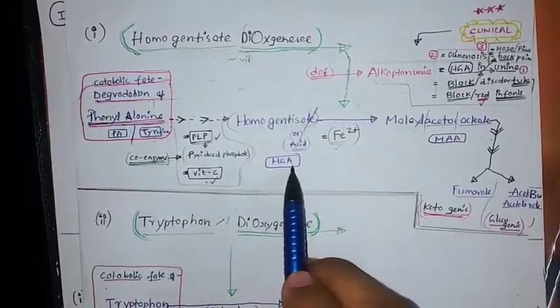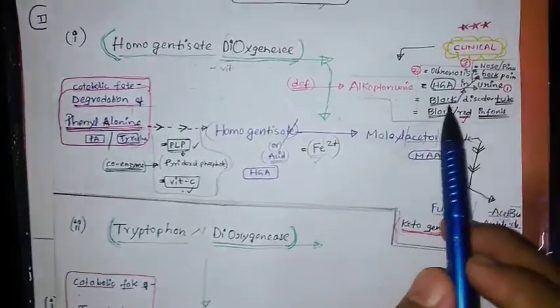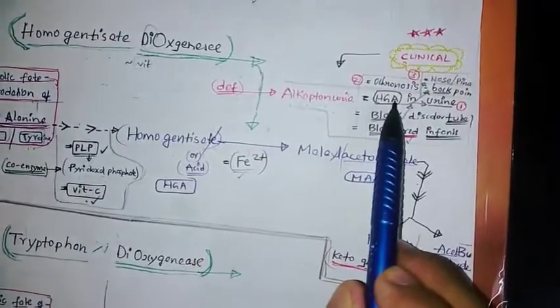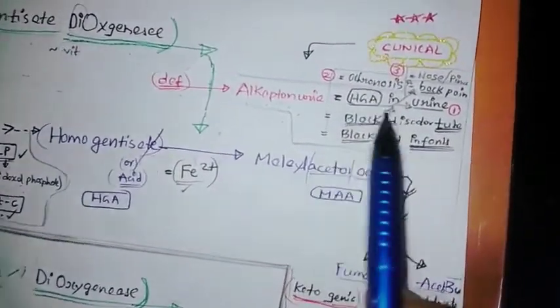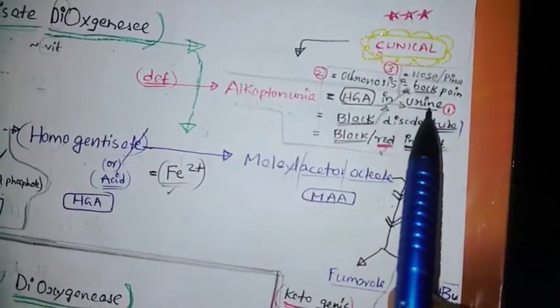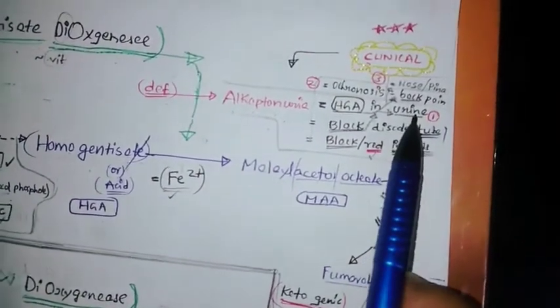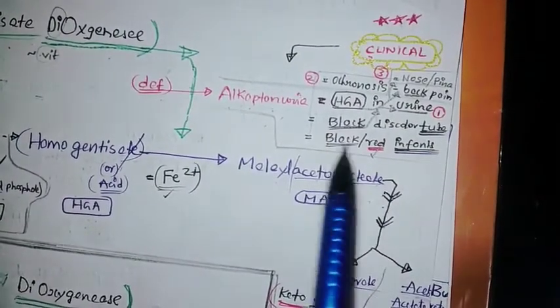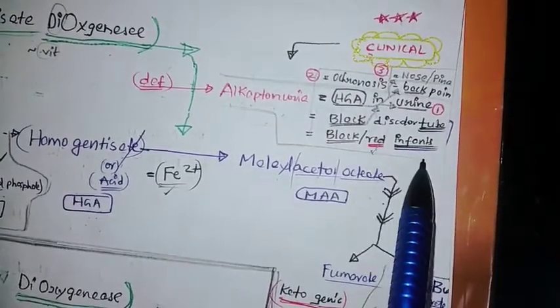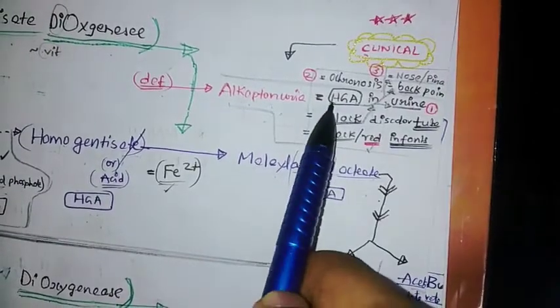When this increases, homogentisic acid is also excreted in urine. So the urine is colored black, or sometimes red in infants. This is the clinical symptom you can observe.